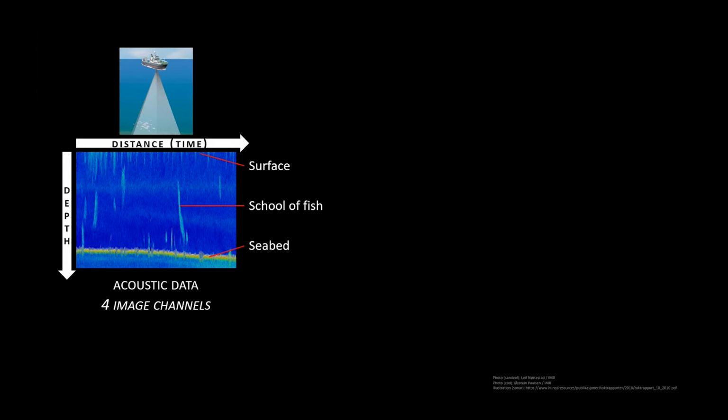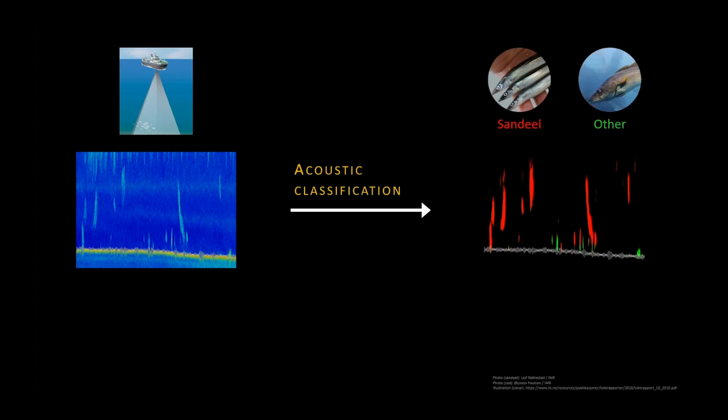So for each pulse the ship emits, you get one column, one slice of data. When they concatenate all these slices, you can visualize the data like this. Now the ship transmits 4 pulses at distinct frequencies. So this gives us 4 corresponding image channels, where what you see here is one of the channels.